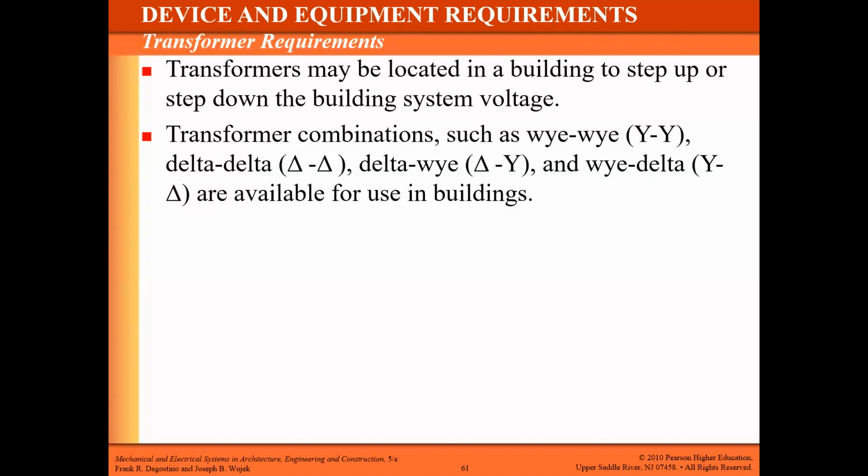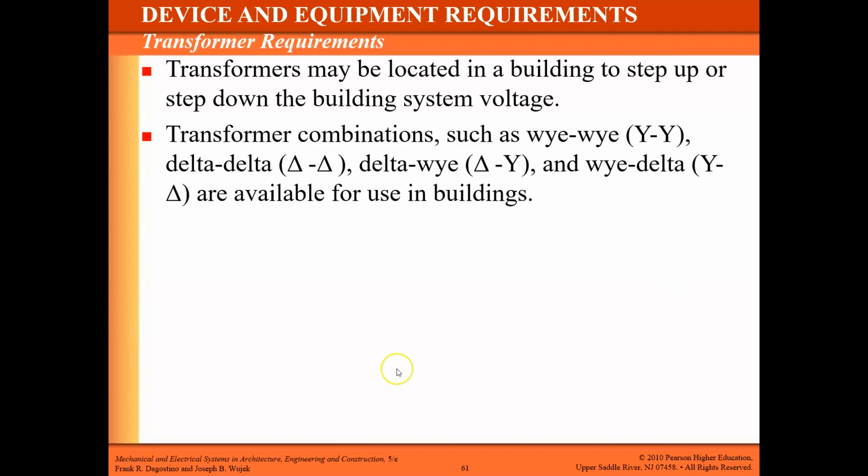Transformers for a residence are typically going to be located either on the ground, if it's an underground system, or up on a pole if it's coming from overhead. But for a larger installation, like a commercial building, like our school, that power is going to be fed right into a transformer that's going to be located on site, right adjacent to the building.